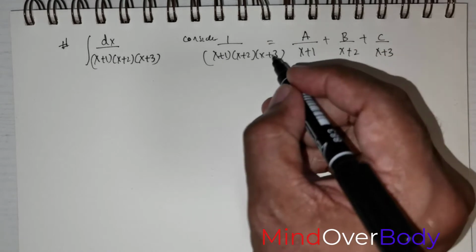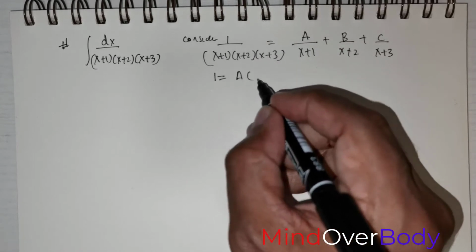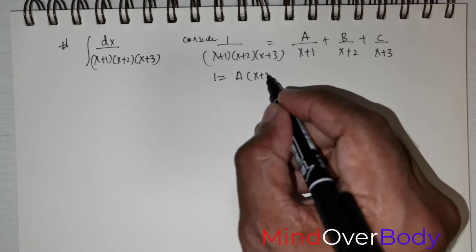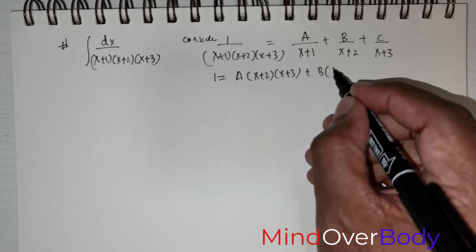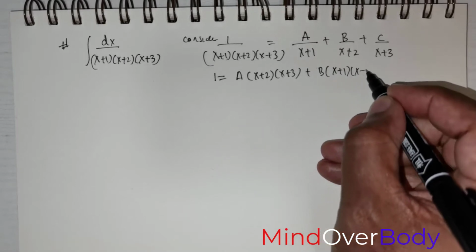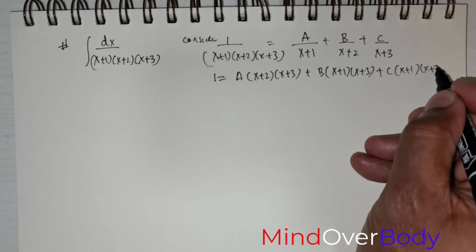If we cross multiply, we get 1 on the left side, and on the right side we get A(x+2)(x+3) plus B(x+1)(x+3) plus C(x+1)(x+2).